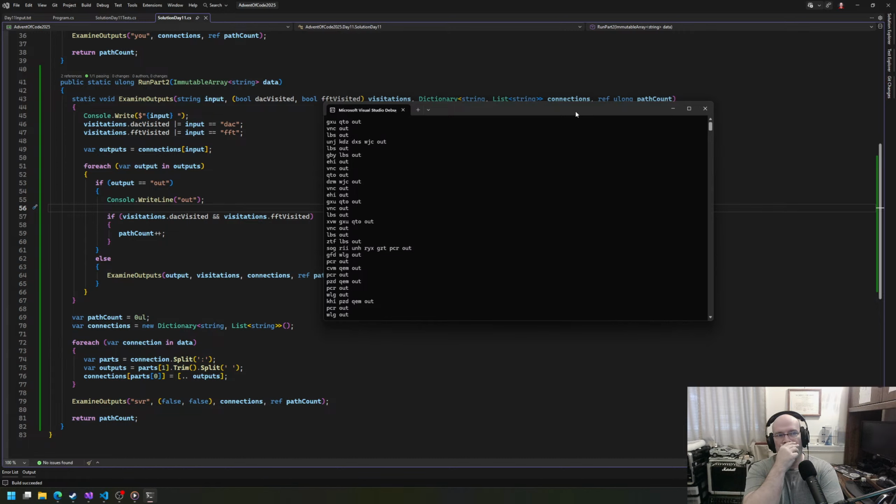Well, true. Okay, that doesn't quite work, because as you're going down the paths, you hit an out, you're going to say write it, but then you're coming back up to the previous one, and that might have been a path of that. So this really doesn't help.